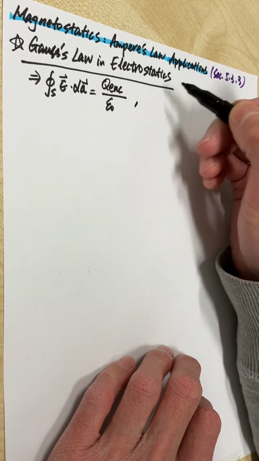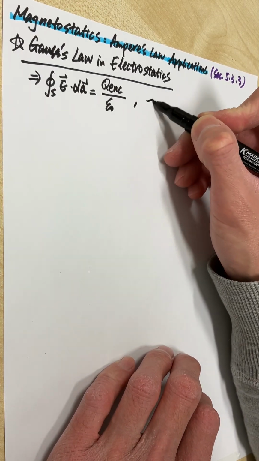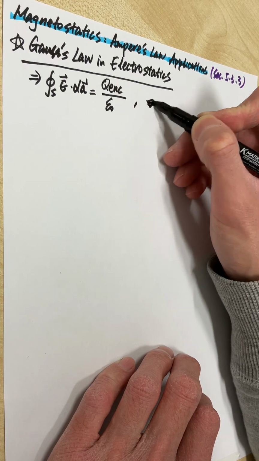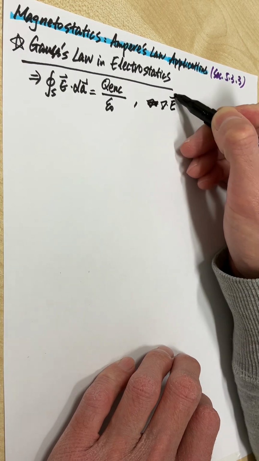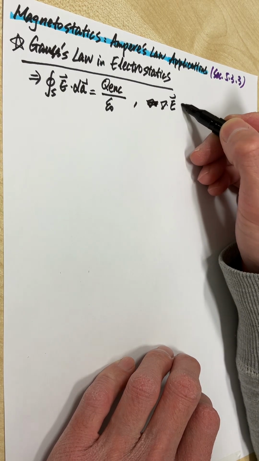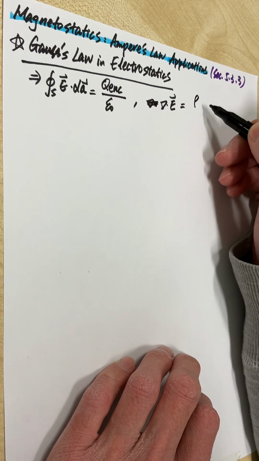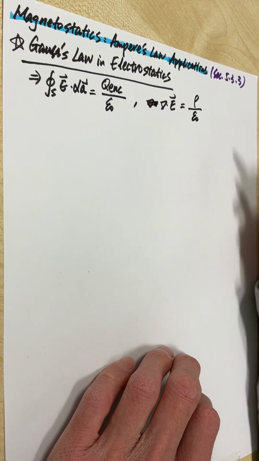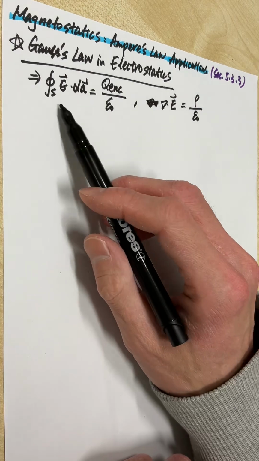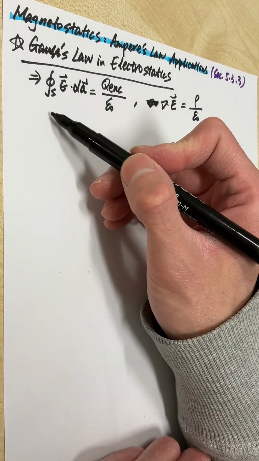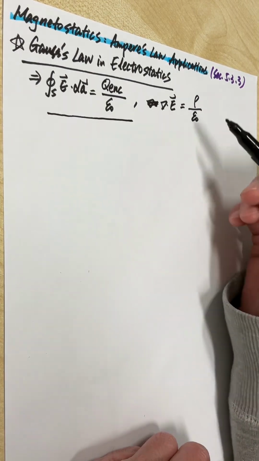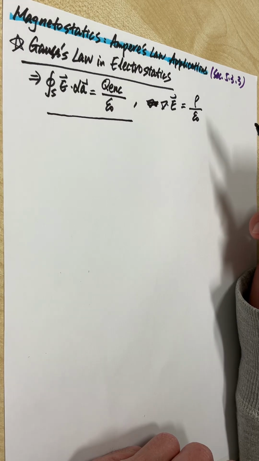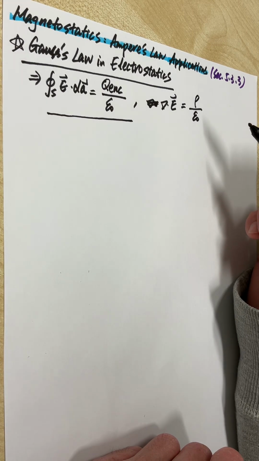We also have a differential form, which is the divergence of the electric field equal to the volume charge density divided by epsilon zero. So actually we find this integral form is more useful for us to calculate the electric field.